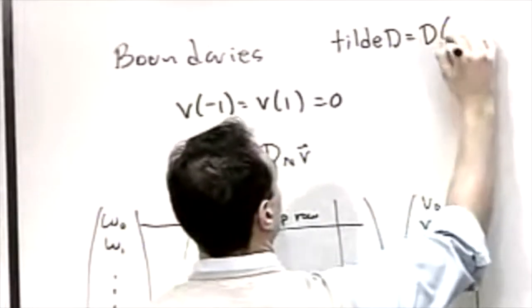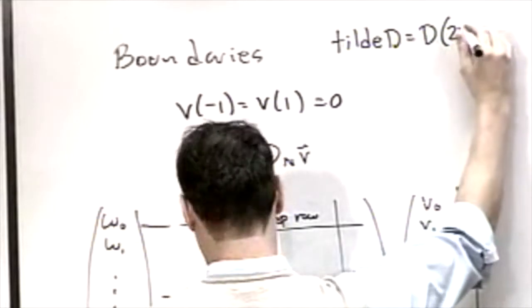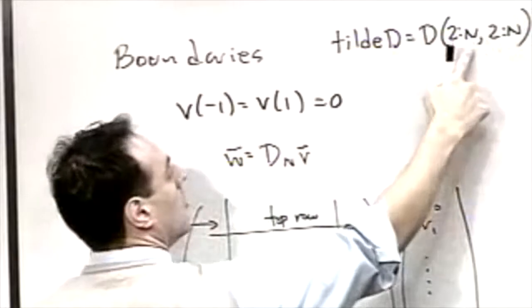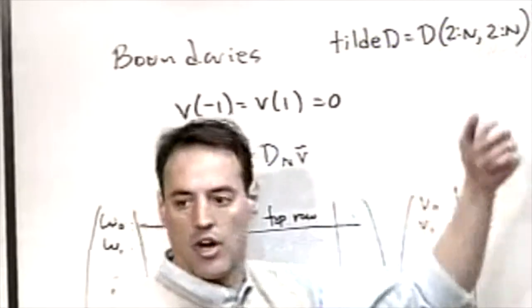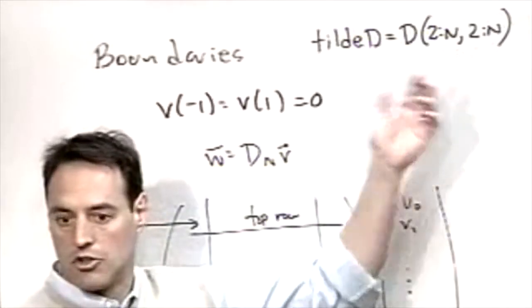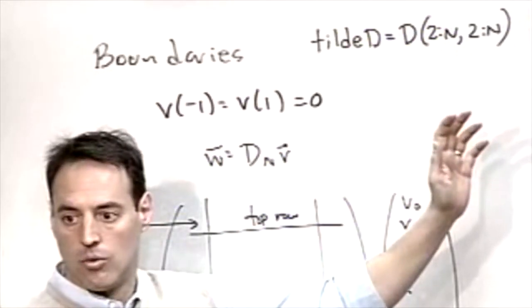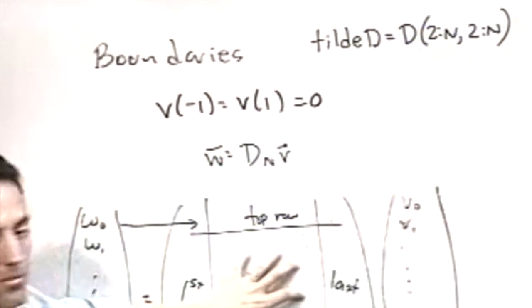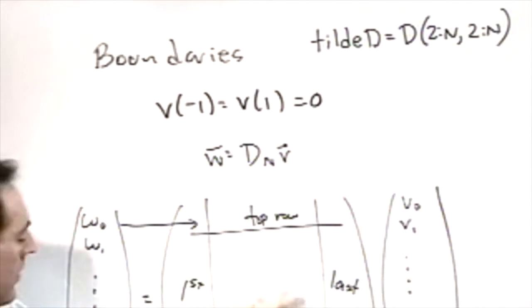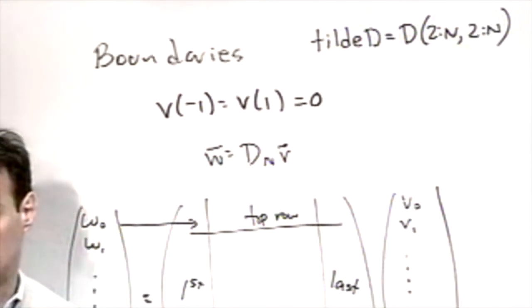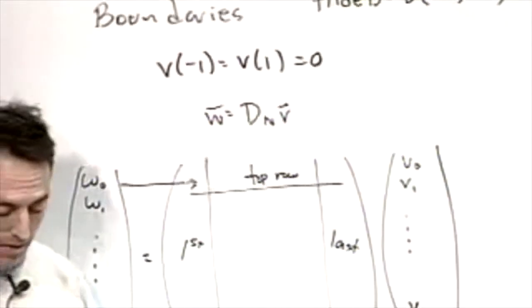D tilde is equal to, you take the D matrix, goes from 2 to the nth row and to the nth column. And that will grab out the interior, because there's 1 to n plus 1 rows, 1 to n plus 1 columns. This basically grabs the middle. And then you can apply this, and that differentiates every one of the interior components. Okay?